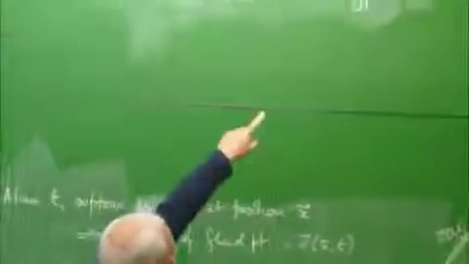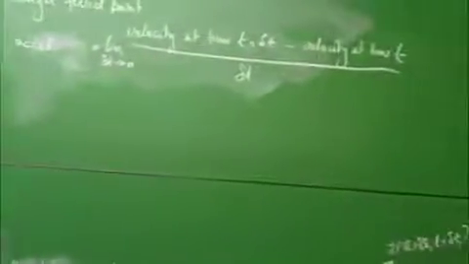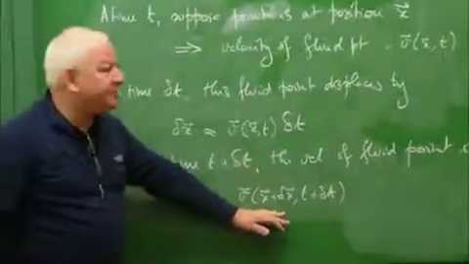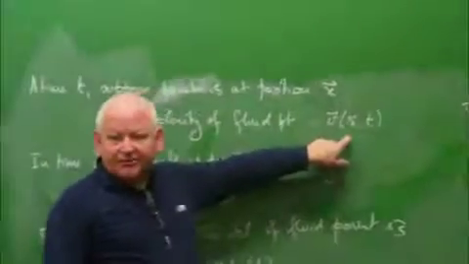Oh, I've got a v of x and t that appears on the right-hand side. Isn't that interesting? Because in this definition that I worked out, I need the velocity at time t plus delta t, which is given to me by this quantity, v of x plus delta x, t plus delta t. I subtract from it the velocity at time t, which is v of x and t, and it's sitting nicely on the right-hand side.